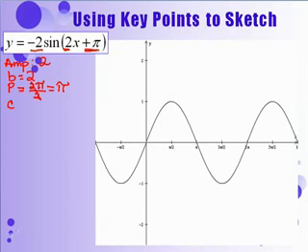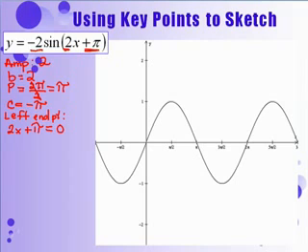C is equal to minus pi. So let's get our endpoints. For our left, we're going to have 2x plus pi equals 0.